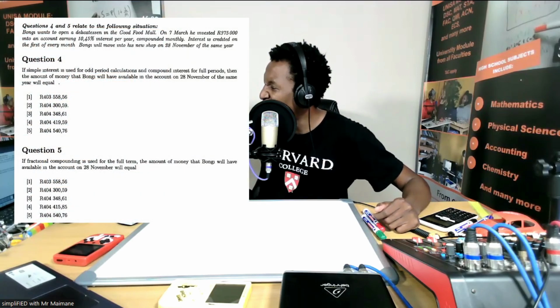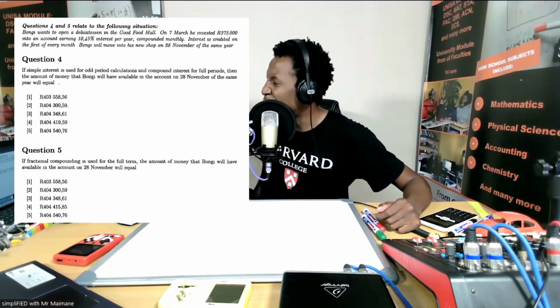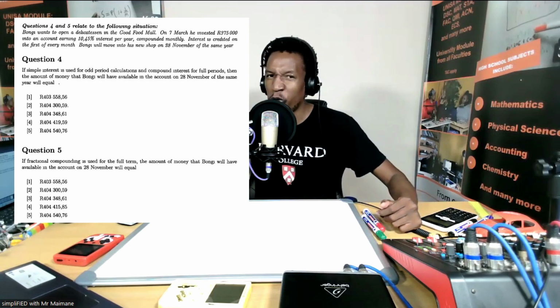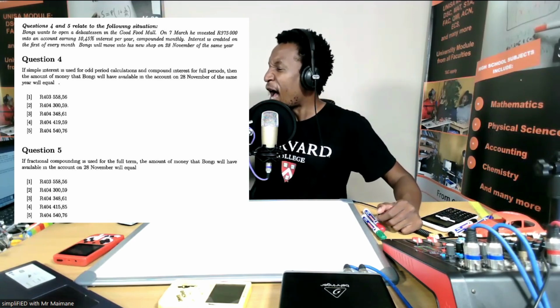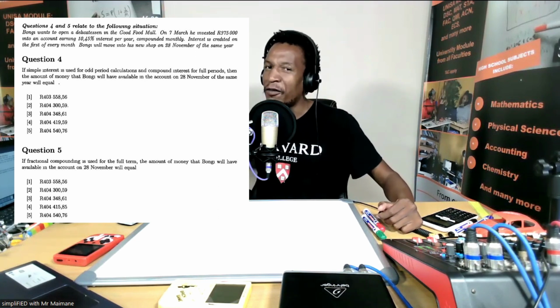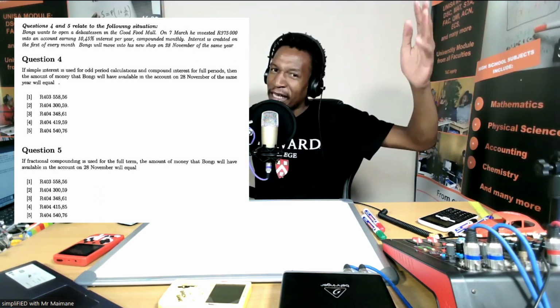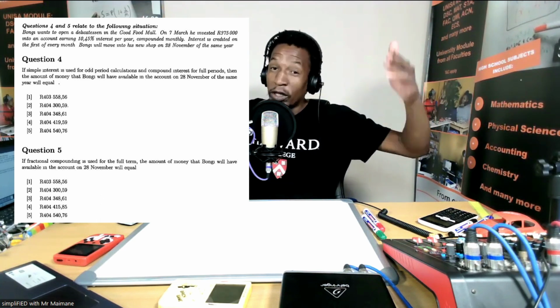But for question 4, if simple interest is used for odd period calculation and compound interest for full period, then the amount of money that Bongi will have in the account on the 28th of the same year will equal to. So here we have a multiple choice question where they want us to determine, from option 1 to the 5th option, how much money Bongi will have from that investment of 375,000 from the 7th of March up until the 28th of November.